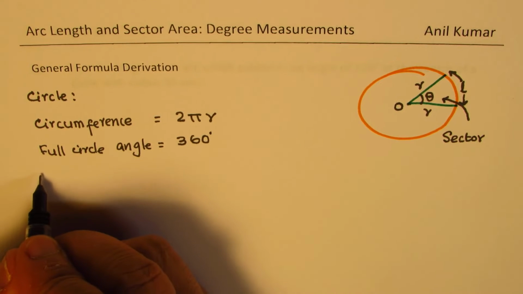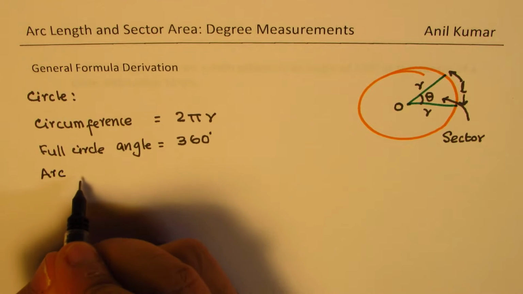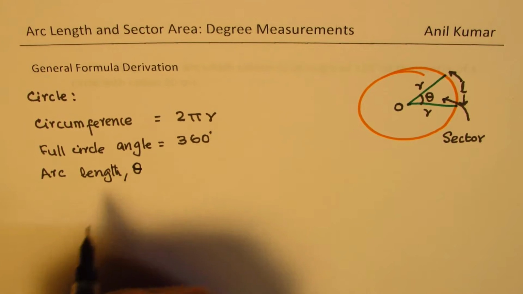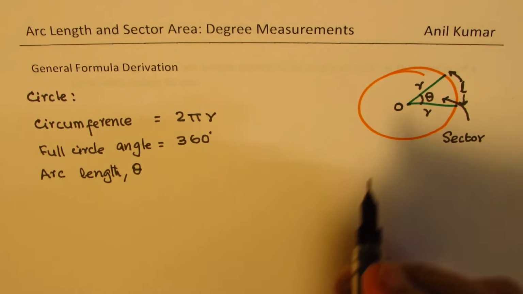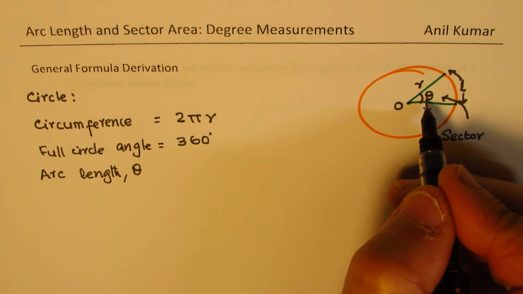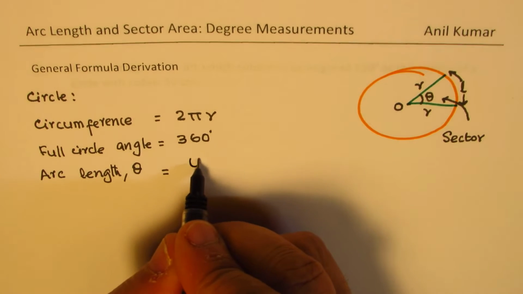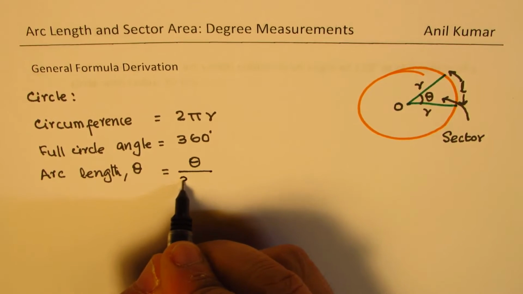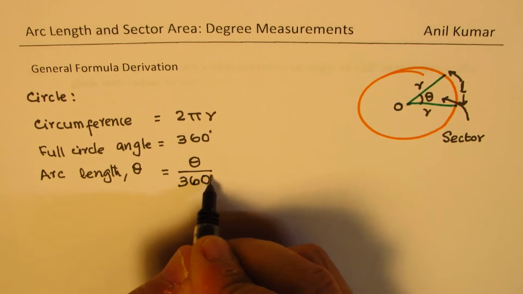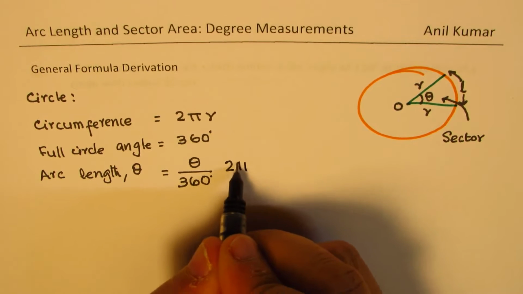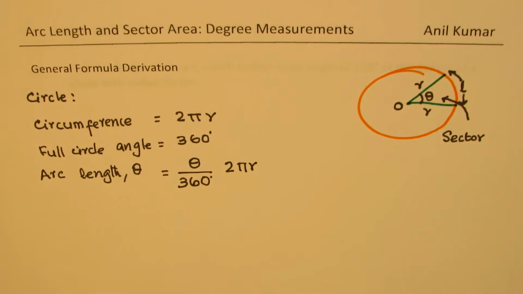We are interested in arc length for the angle theta, correct? So it has to be a ratio of that angle to the full circle angle, correct? So basically, it is theta over 360, which is the full circle angle in degrees, times 2 pi r. Does it make sense to you? So that is how you can actually derive the formula.